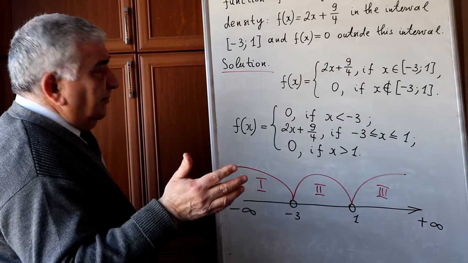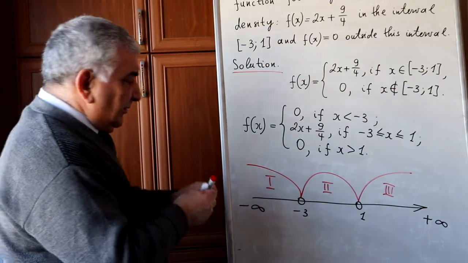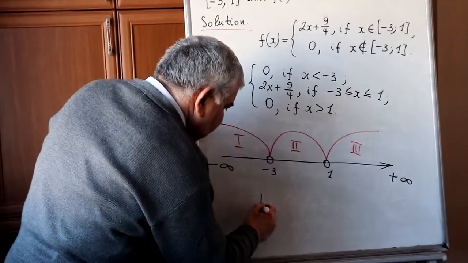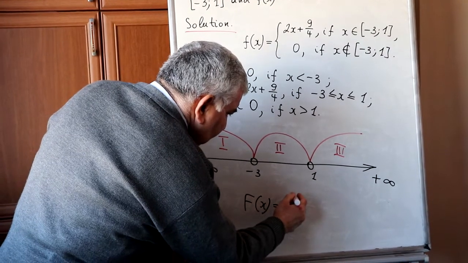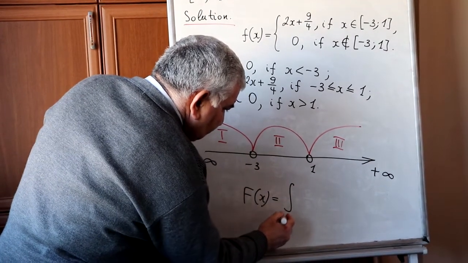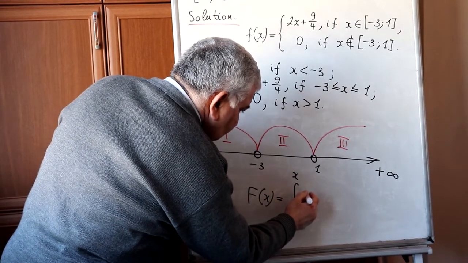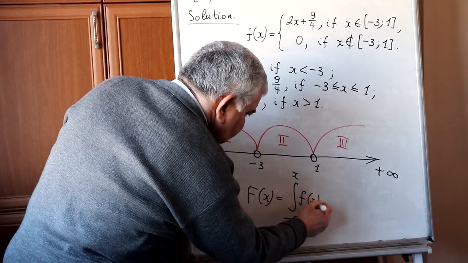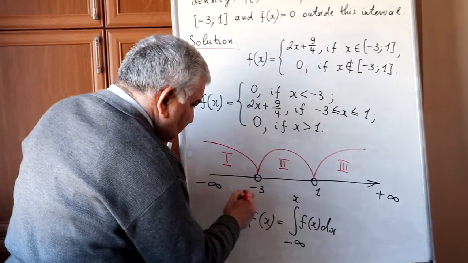And remember the expression for the integral distribution function. We must find this function, F capital of x equals the integral from -infinity to x of f(x) dx. We will use this formula.